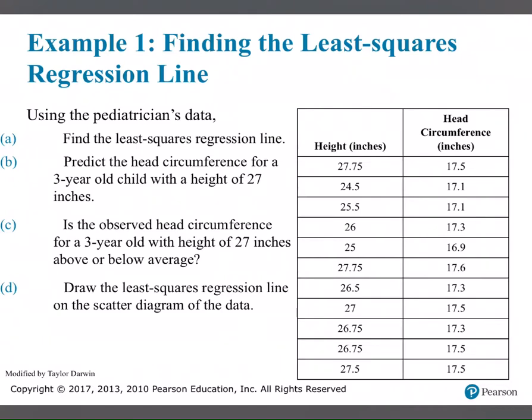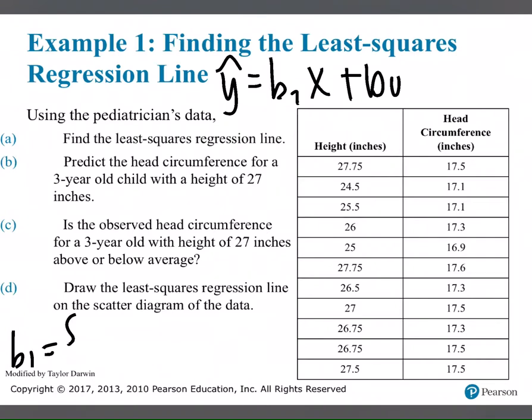In order to do that, we're going to have to use that formula that we saw earlier. y hat equals b sub 1 x plus b sub naught. To find b sub 1, we're going to do s sub xy divided by s sub xx. That's the same formula that you use whenever you found the correlation coefficient.